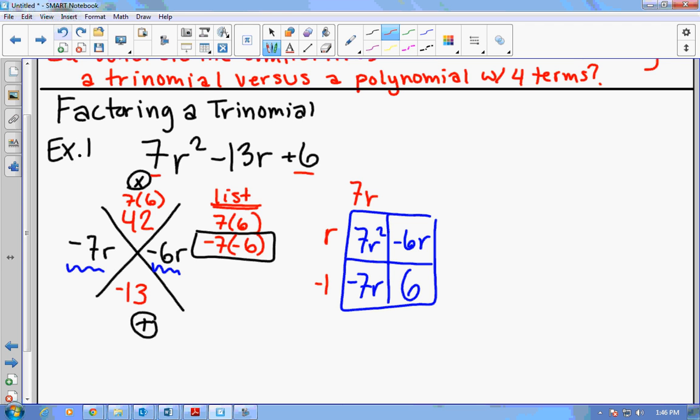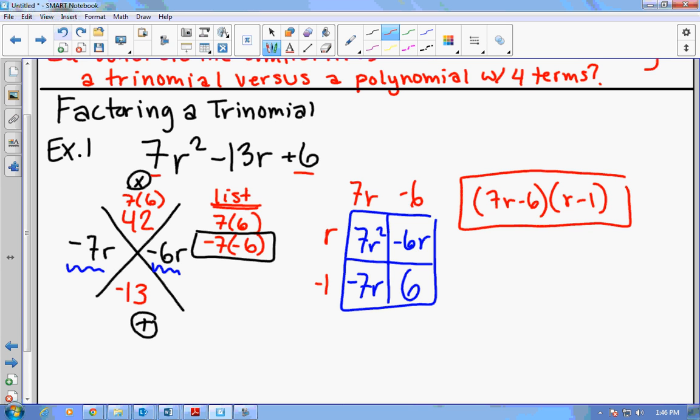Because then we'll get a negative 7r. And the last column, Brandon. Okay, make sure, check your signs. R times negative 6, is that negative 6r? And negative 1 times negative 6, is that positive 6? Yeah. So 7r minus 6, r minus 1.